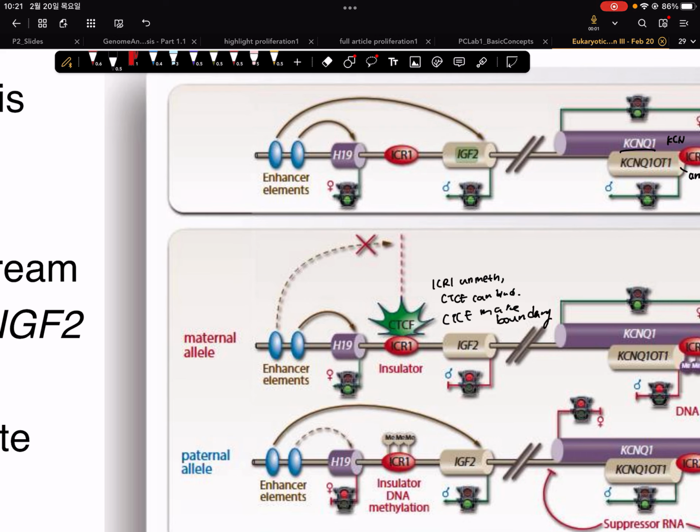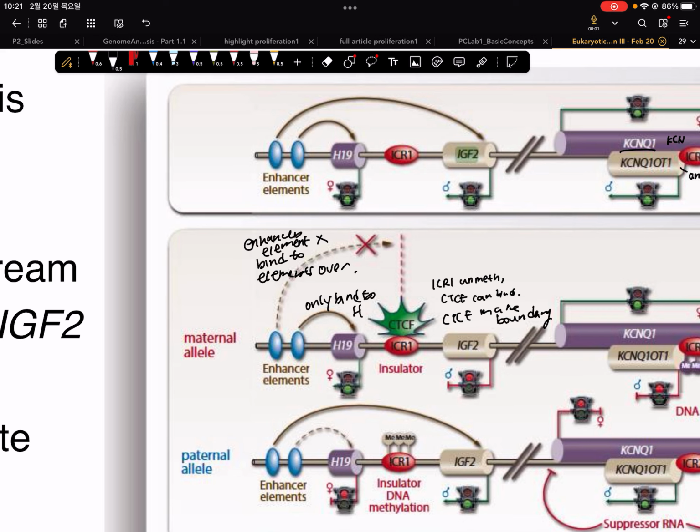So these enhancer elements cannot bind to anything over there. The transcription factors that bind to the enhancer elements can only control things within their same loop. Within the same loop, there's only H19. So H19 is active.